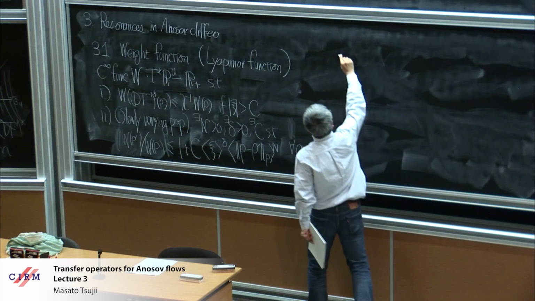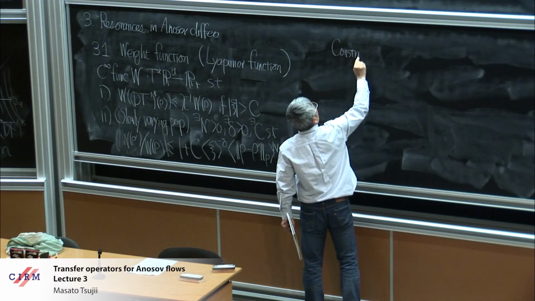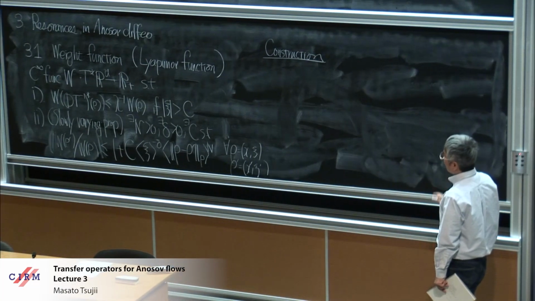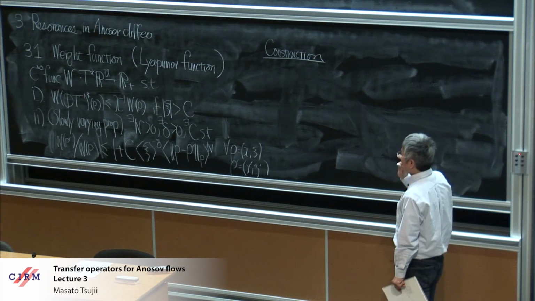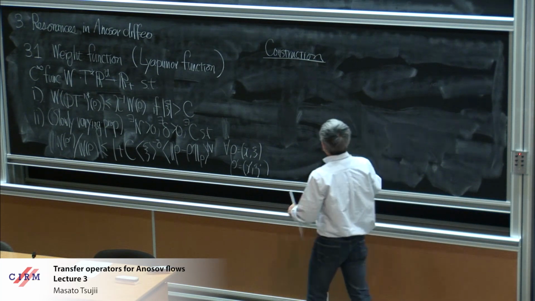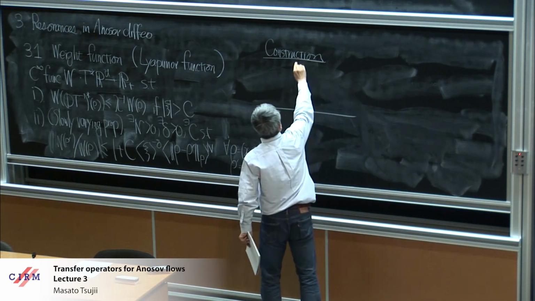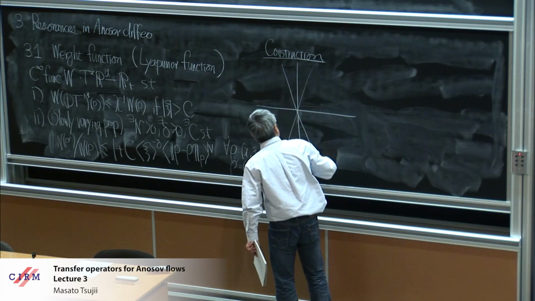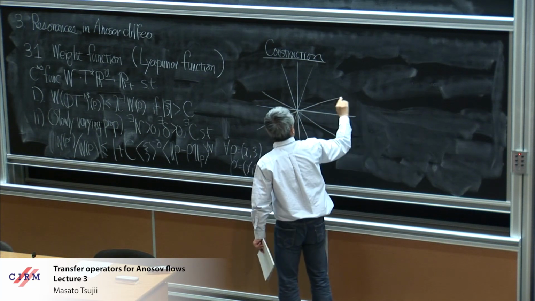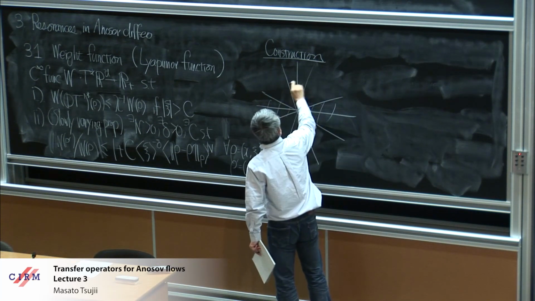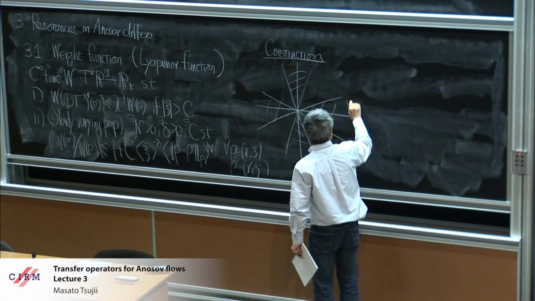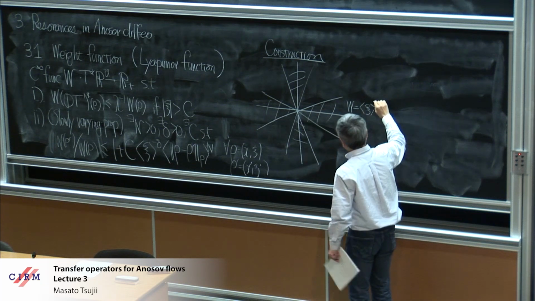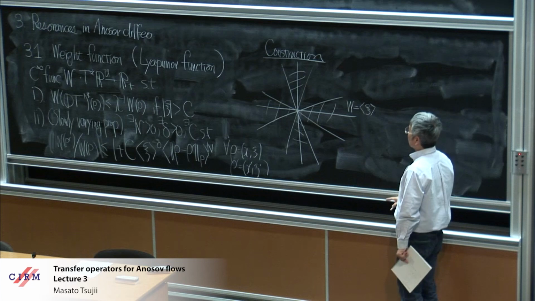And the construction of such a function is rather easy, and there are many ways. I won't do it, but let me convince you that it is rather easy. There is some unstable cone and stable cone. In this cone, we set W to be proportional to c.